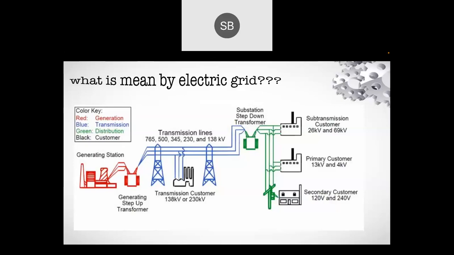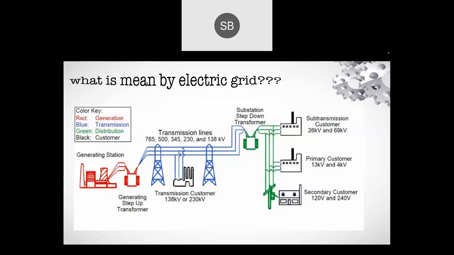Each customer has a different requirement based upon the voltage capacity. So based upon that, this power will be distributed throughout the customers. All these transmission lines, transformers, and other equipment come under the electric grid.